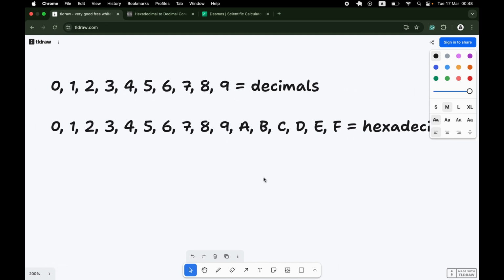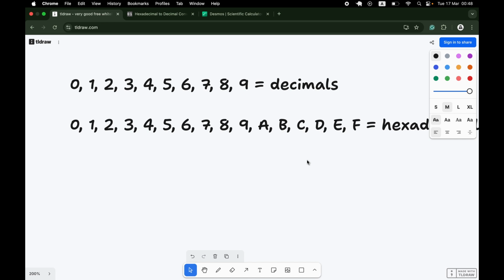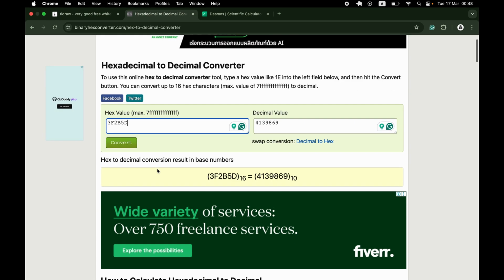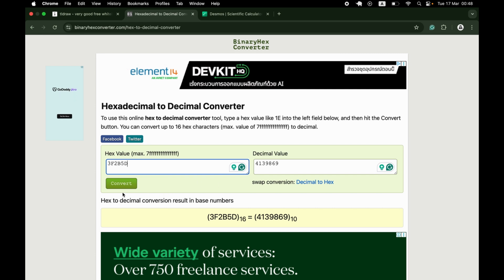Okay, let me try to change hexadecimal to decimal. Here I show an example of the conversion from hexadecimal to decimal. I think you're already familiar with this hexadecimal code. In color codes, we use these numbers. Digits and characters are mixed together.